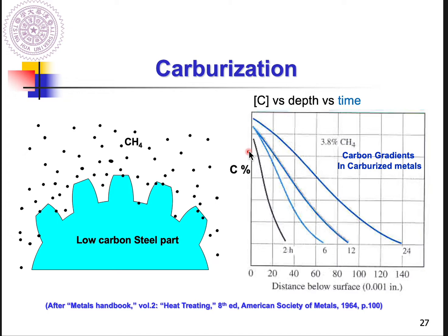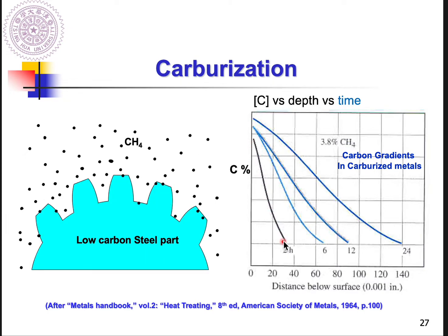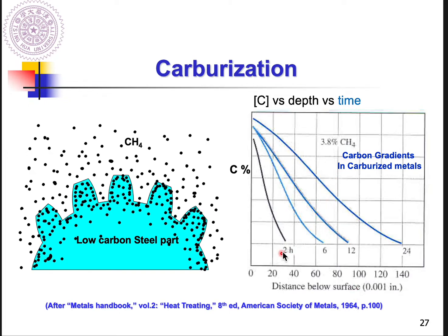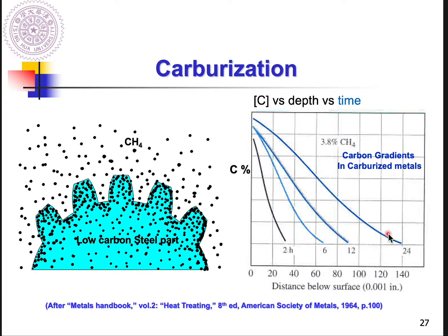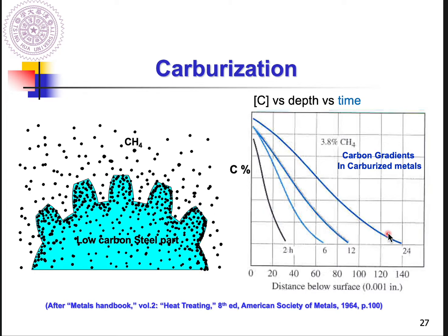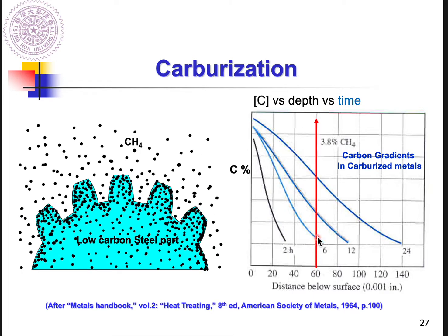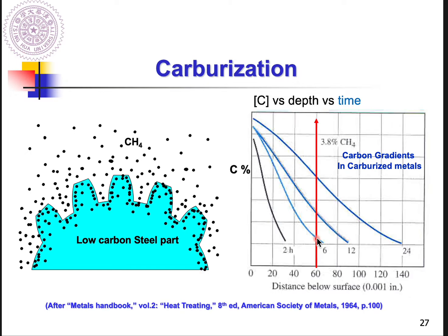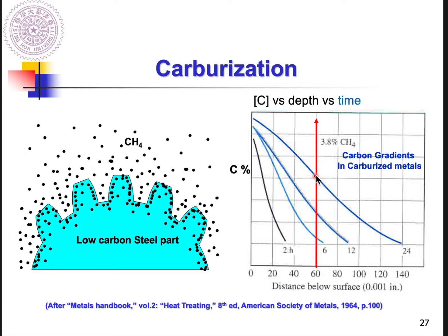When you measure the concentration of diffusing carbon as a function of depth and time, you get these curves: 2 hours, 6 hours, 12, and 24 hours after diffusion. If you look at the same depth, you find that the concentration of carbon increases over time.